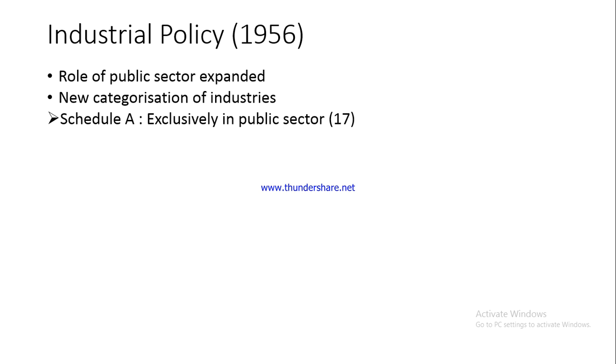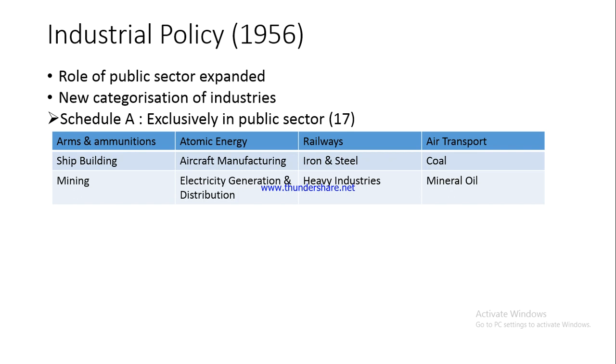So the first schedule was restricted only and only to the public sector enterprises. You can have a look at the various industries which were there. You can see arms and ammunition. Have a look at the industries and you will find that these are very strategically important industries: arms and ammunition, atomic energy.